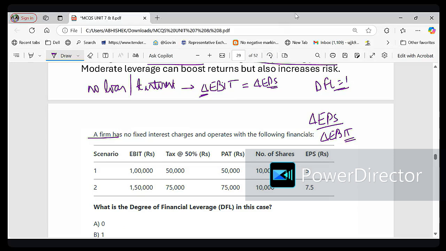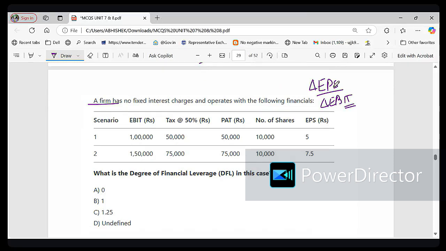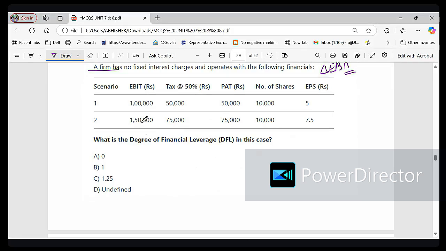Now, can you calculate DFL in this case? The formula I have written here is simple: percentage change in EPS upon percentage change in EBIT. Please do the calculation. Two scenarios have been given. Look at these two columns, EPS and EBIT. Earlier EPS was 5, now it increased to 7.5. So how much is the percentage change in EPS? You know how to calculate percentage change: final value minus initial value upon initial value multiplied by 100.